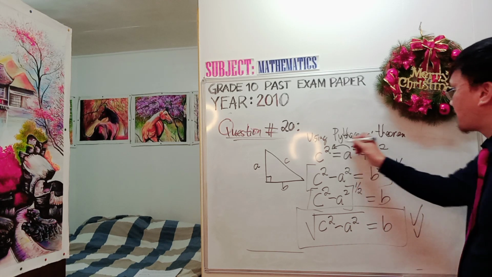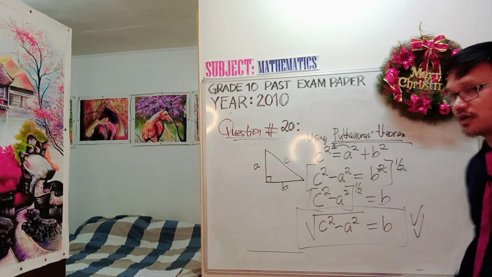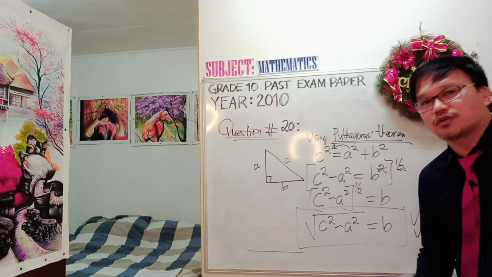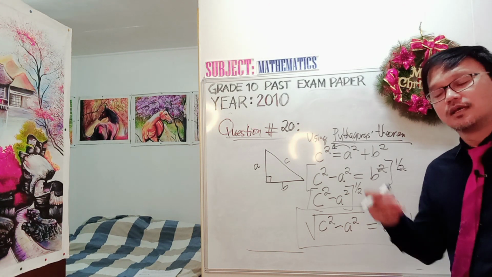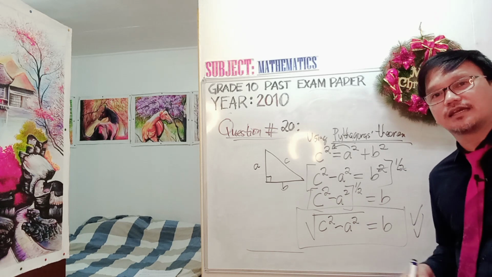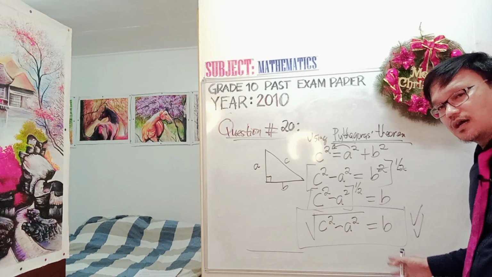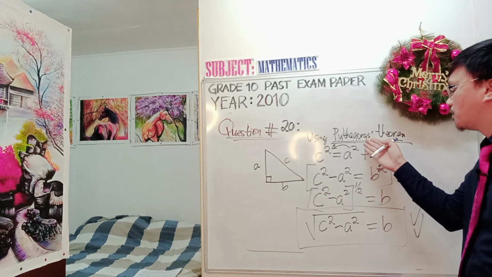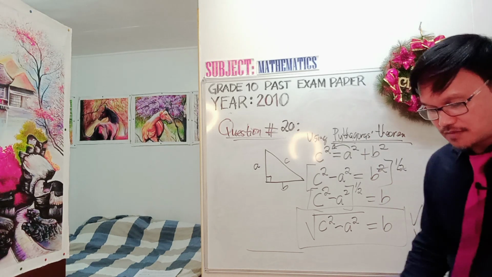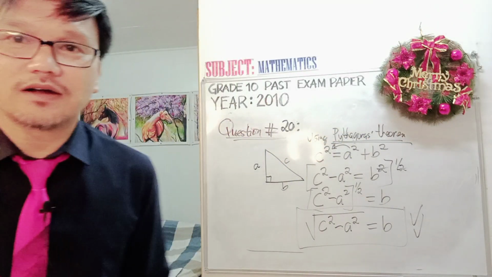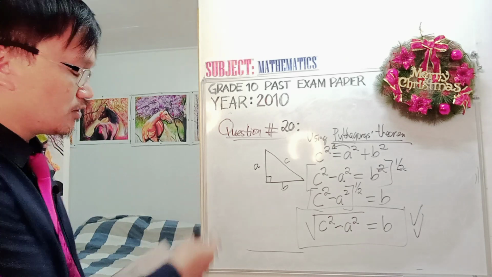Take note that the Pythagorean theorem applies only when you are dealing with the sides of a right angle triangle. So that is how you're going to work it out.